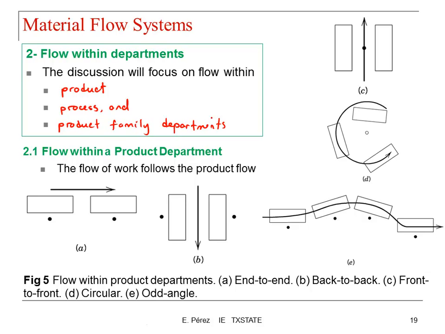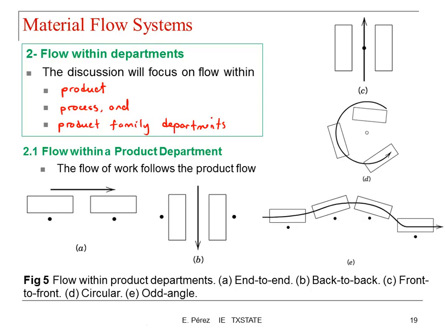So there are three types of flows that could happen within the department, and those are the main three: product, process, and product family departments. On the first one, flow within the product department, the flow of work follows the product flow. Basically, you take the product from one station to the other.